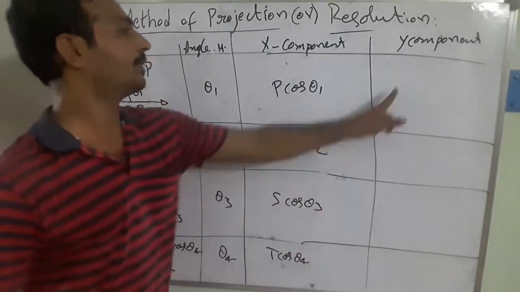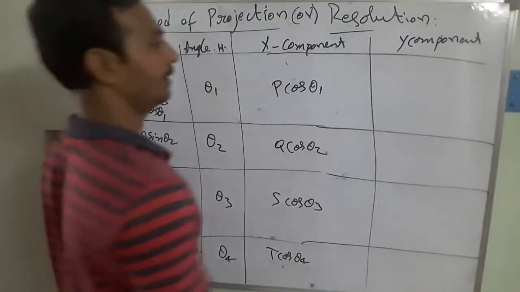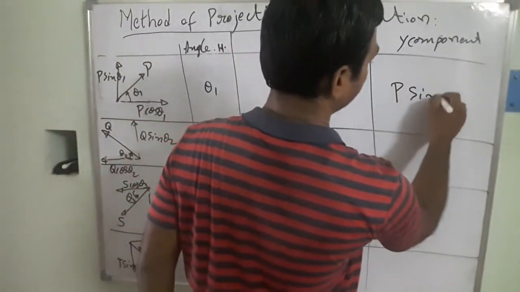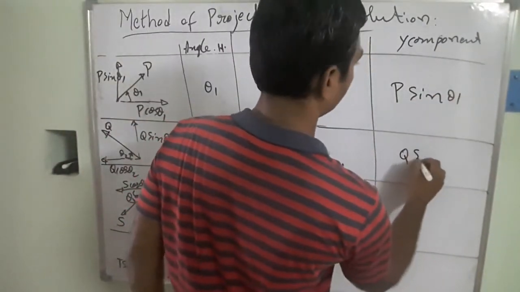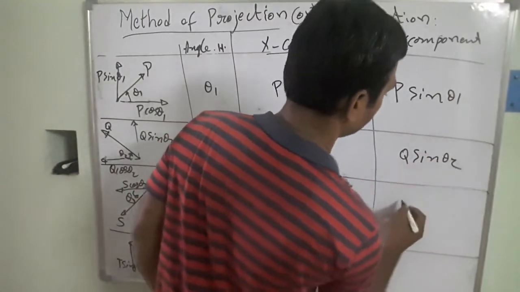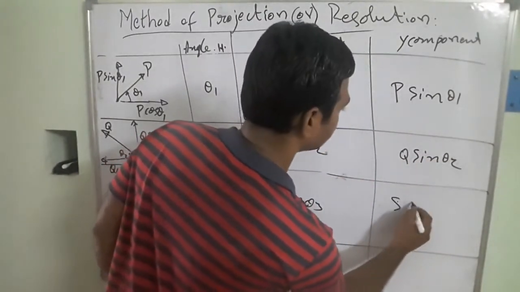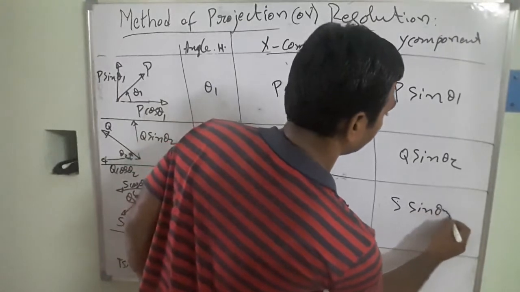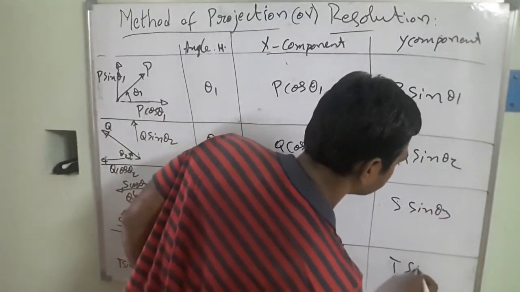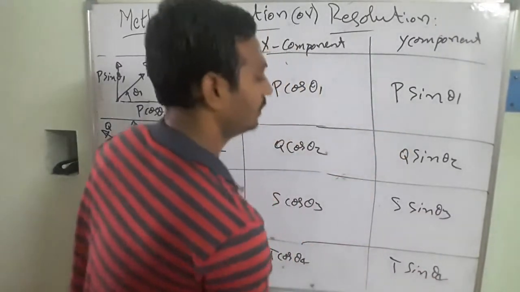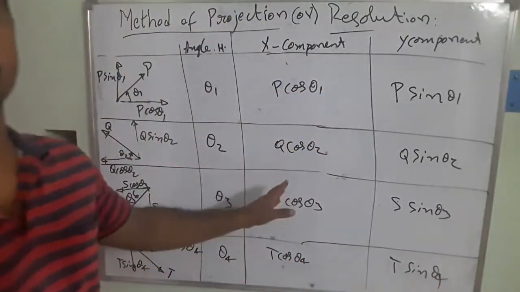Similarly, the y components we have are P sin theta 1, Q sin theta 2, S sin theta 3, and T sin theta 4. So these are the components in the x direction and the y direction.